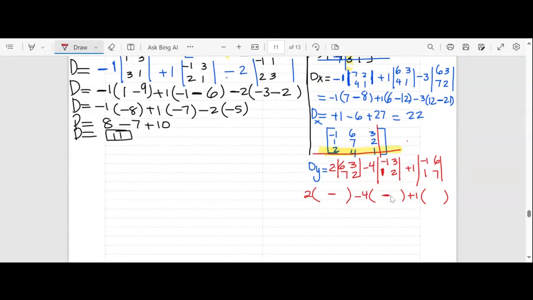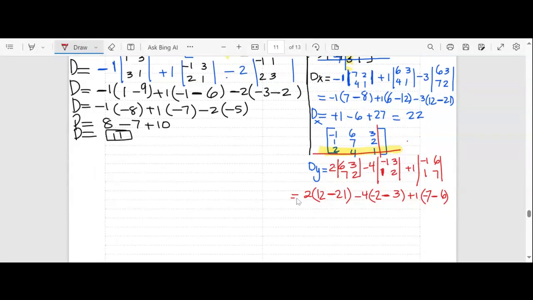Between them there is minus. 2 times 6, 3 times 7, -1 times 2, 1 times 3, -1 times 7, 1 times 6.